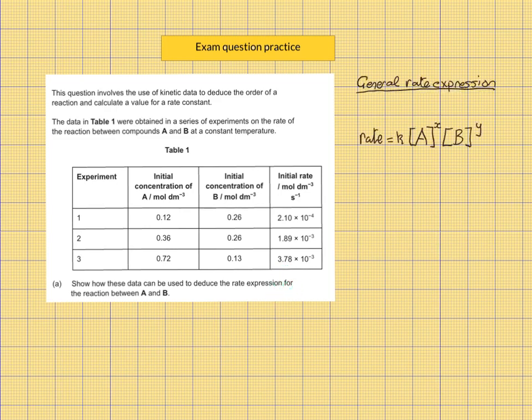So our general rate expression is always of the form of the rate constant followed by the concentration of reactant A to the power x, where x is the order of reaction with respect to the concentration of A, multiplied by the concentration of B raised to the power y, where y is the order of reaction with respect to the concentration of B. If we now look at 2 experiments where the concentration of B remains unchanged, but the concentration of A has been tripled, we can compare the rate in experiment 1 and experiment 2 to see how the rate has been impacted.